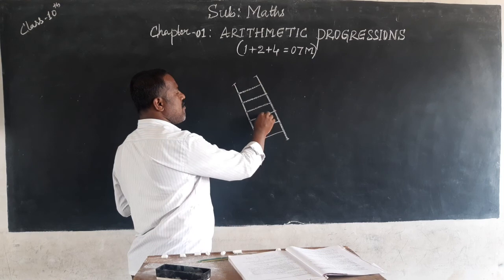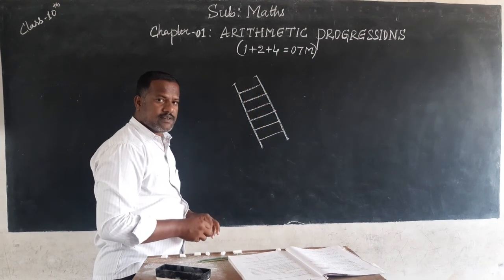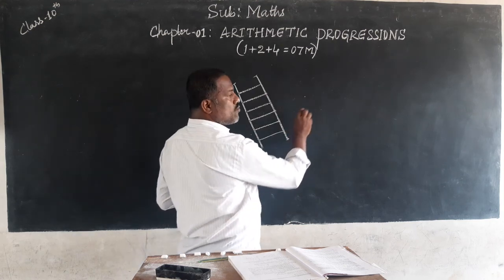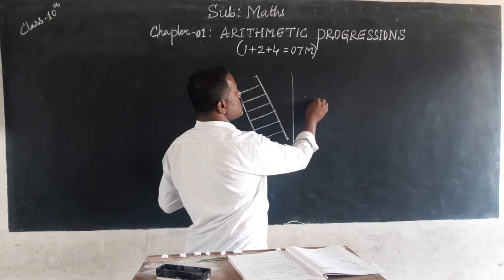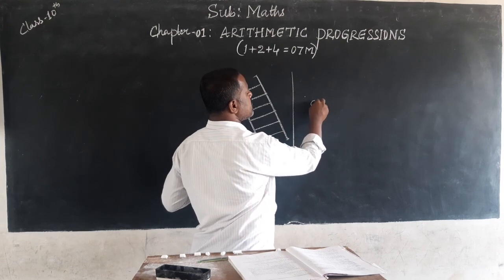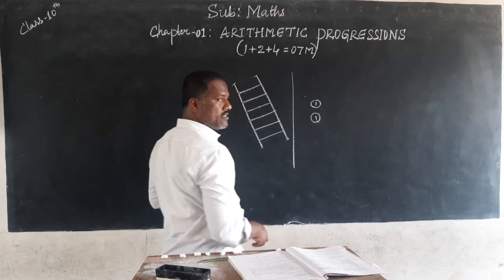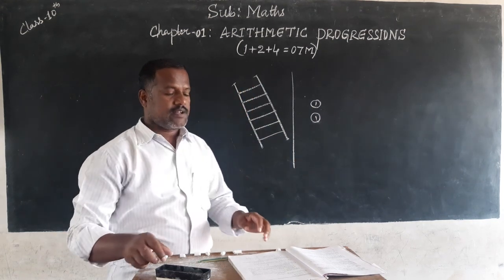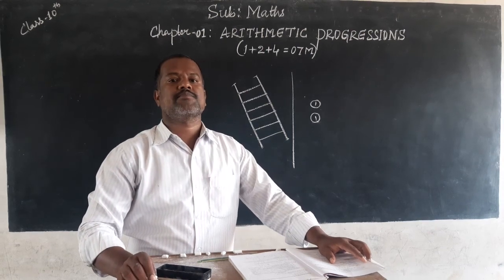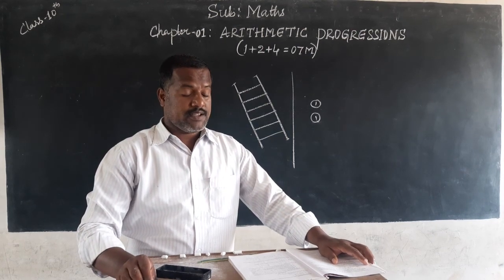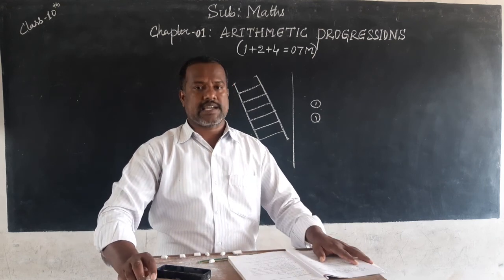These steps are almost equal. Understand children? Similarly, you can observe many coins. Almost all 1 rupee coins are the same size. Similarly, you might have seen idli or dosa or chapati. These are all almost similar in size.